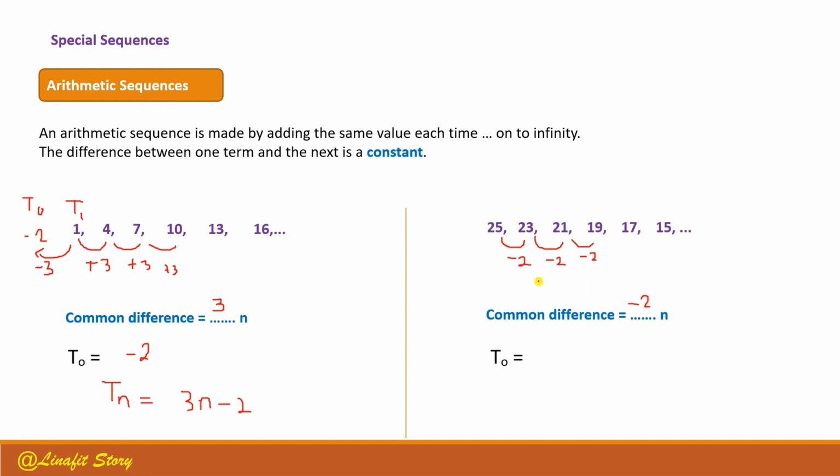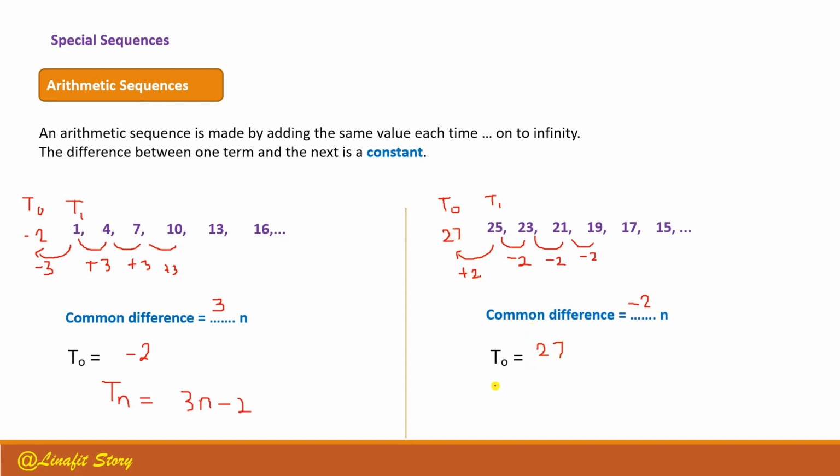Then we will find T0. The first term is 25. How about the zero term? We will count backwards. The opposite operation of minus is plus. So 25 plus 2 is equal to 27.